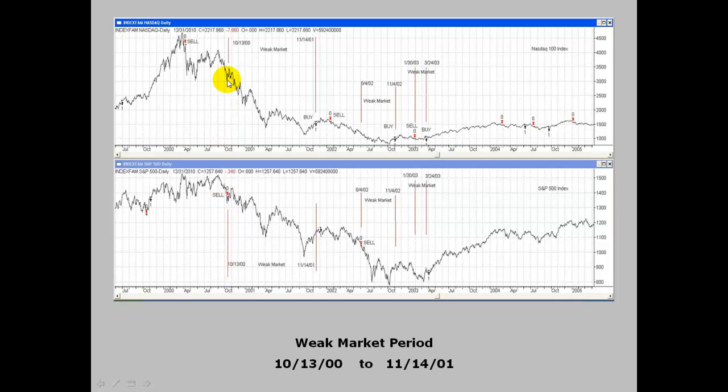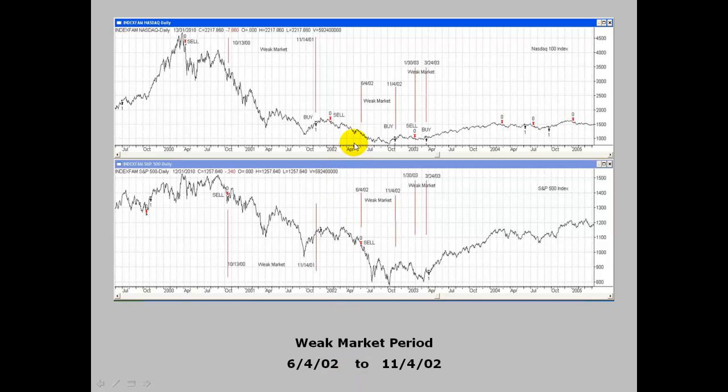And you can see that subsequent to this beginning, the market did drop substantially and violently. Our weak market signal continued in effect until we got this buy signal in this upper panel, indicating the end of this weak market period on November 14th of 2001.